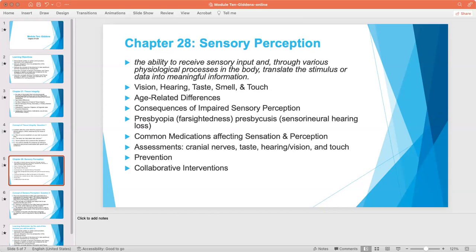For the newborn, we give erythromycin eye ointment to prevent vision problems from STIs that the mom might have. A secondary prevention measure is screening for hearing and vision. Another secondary prevention is glasses, hearing aids, medications, and surgeries to improve sensory perception.